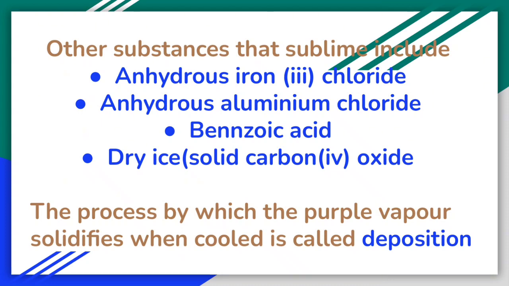Sublimation is the change from a solid to a gas by heating. Then the process whereby this gas goes back to a solid is what we call deposition. Note that in both sublimation and deposition, we do not pass through the liquid state.